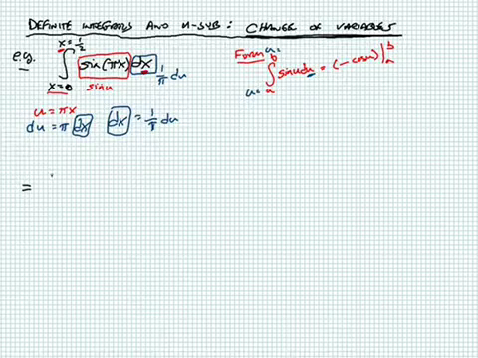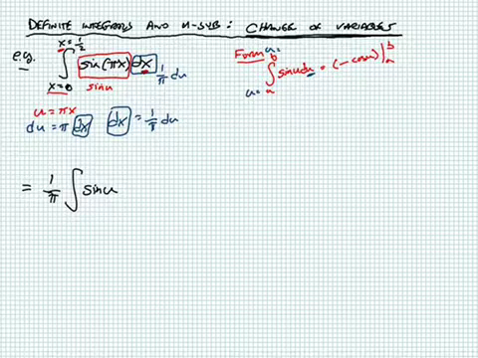So I've got this is equal to 1 over pi times the integral of sine of u du. But here, now watch carefully, I cannot put this 0 and 1/2 down here because this 0 and this 1/2 belong to the x.